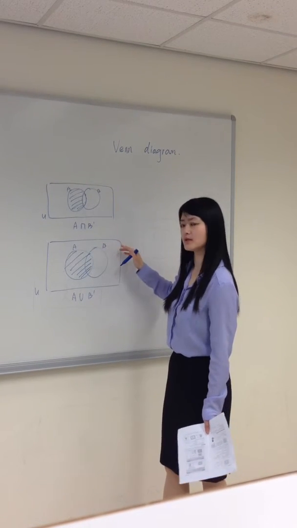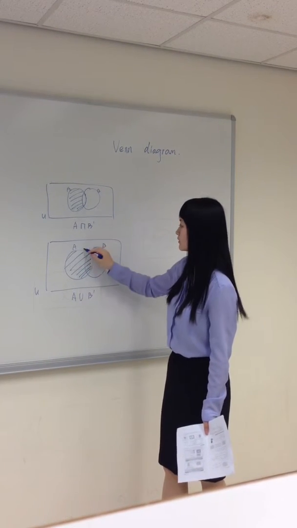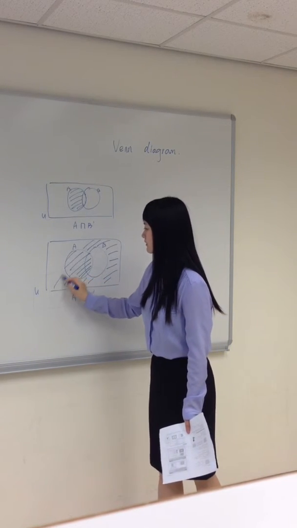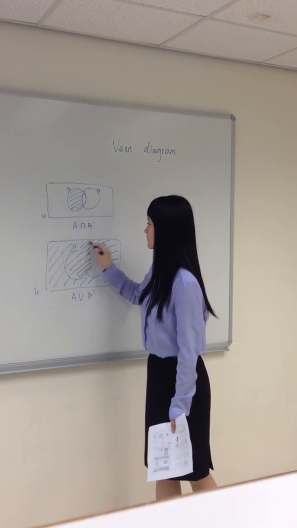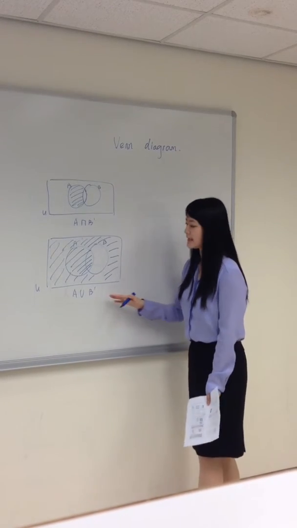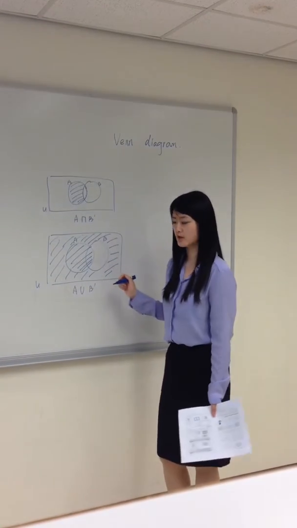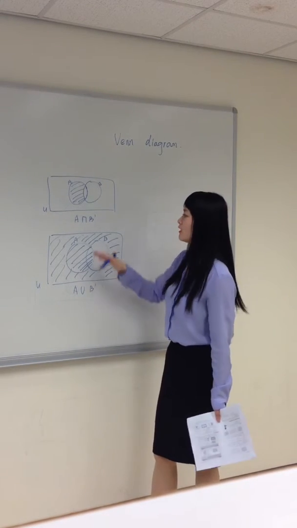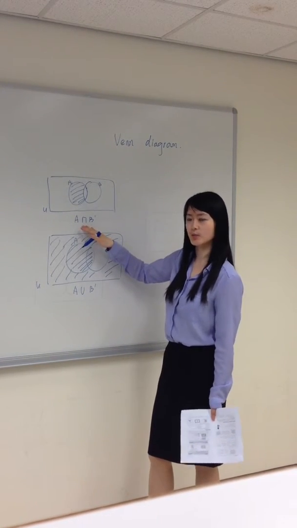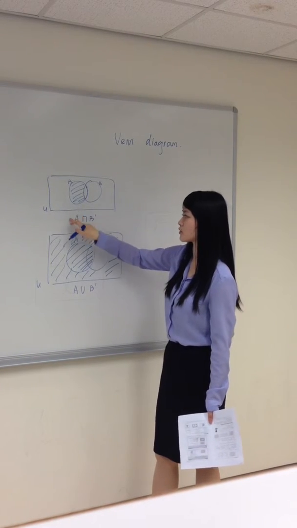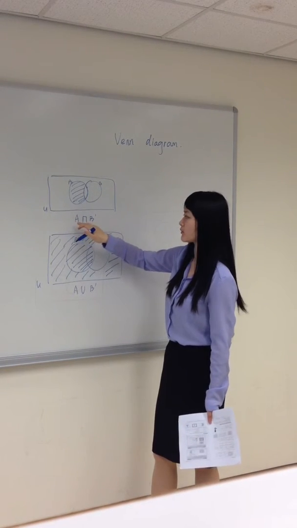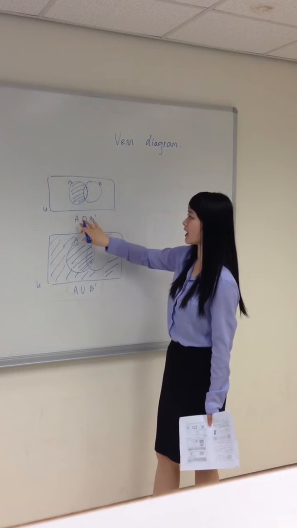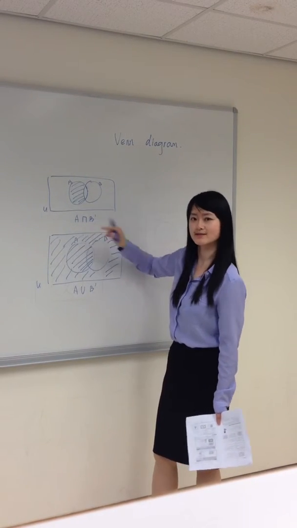That is the area that is outside the B circle, so all of it would be included. For intersection set, you have to be very careful, because you can draw the first set here, and then find the common area of these two, and that's the answer.